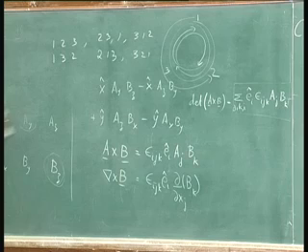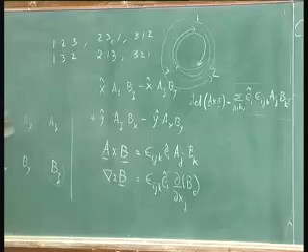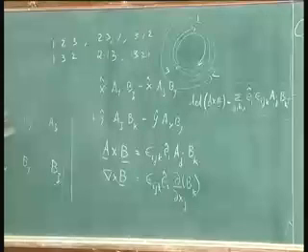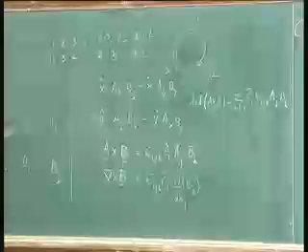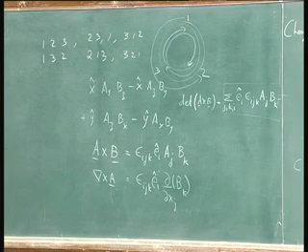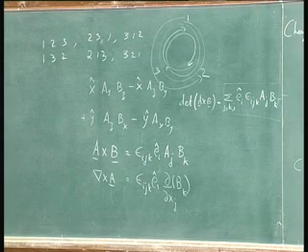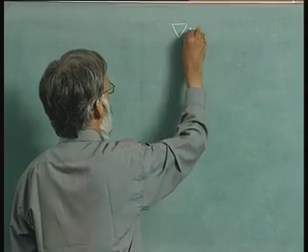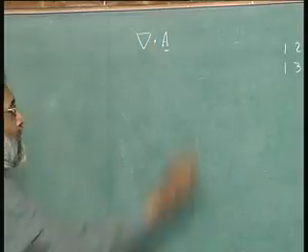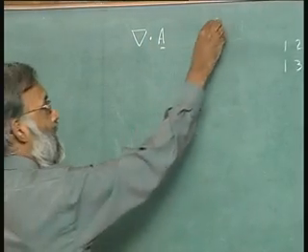So far so good, but now there is something new. This epsilon ijk has a lot of symmetry properties, and because of its symmetry properties, you can simplify a lot of expressions. But before I do that, let me also introduce some other things. First of all, how do I represent divergence? And how do I represent a vector itself?